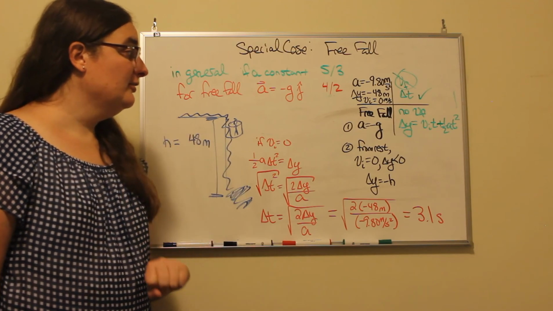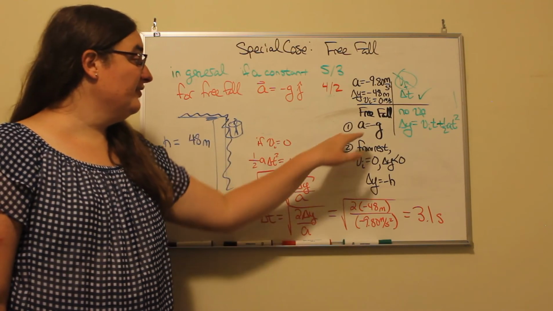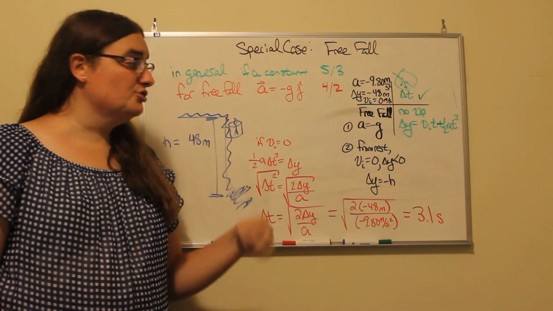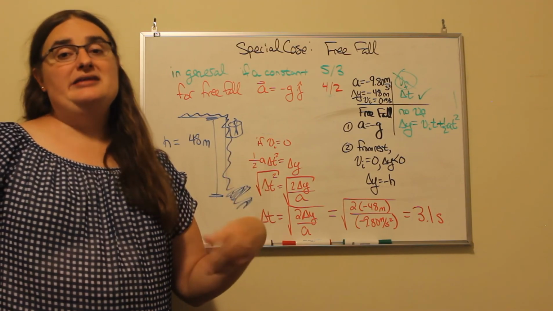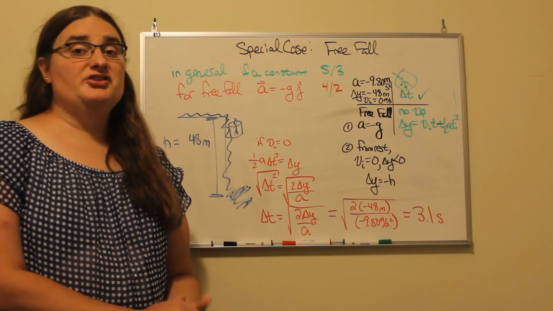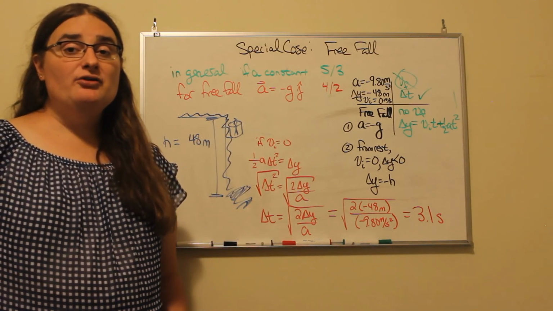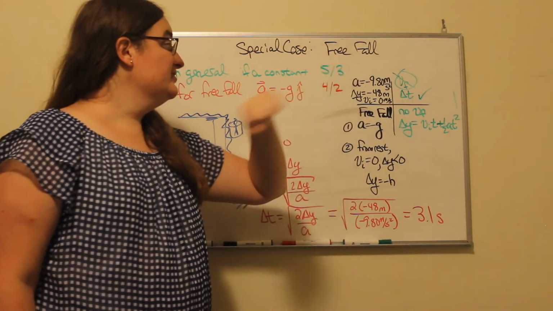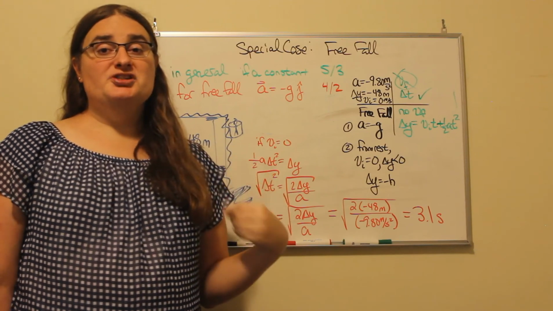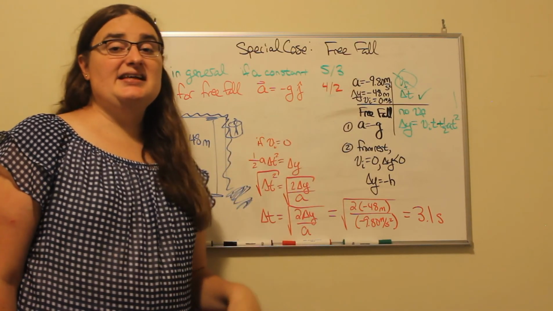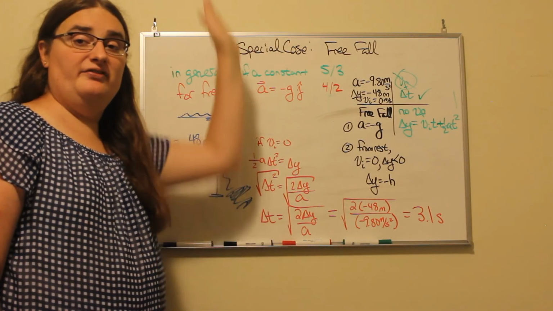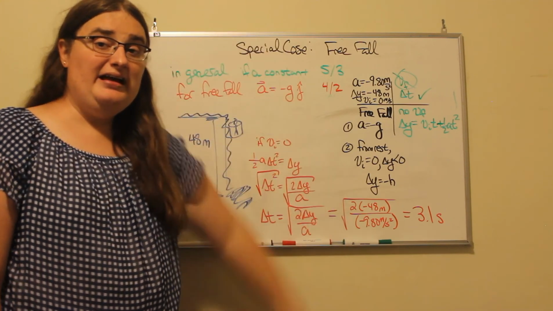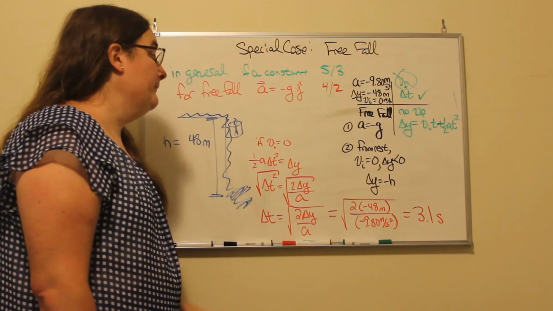Our free fall concept says that our acceleration is going to be minus the strength of Earth's gravity. The approximate strength of Earth's gravity around where we are in the Great Lakes region is 9.8 meters per second squared. The minus sign is because we normally think of up as positive y and down as negative y.